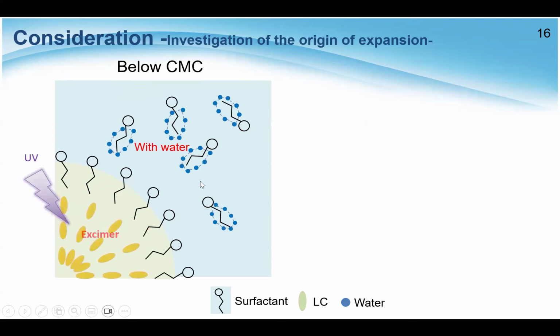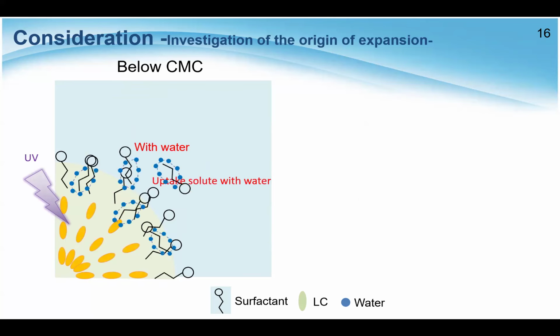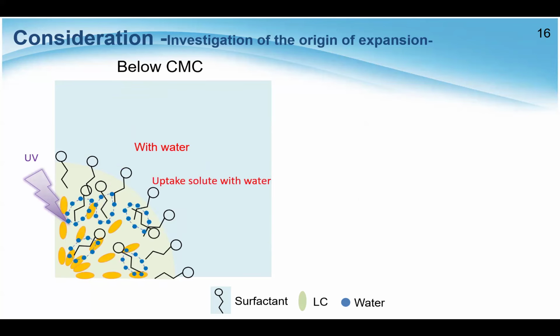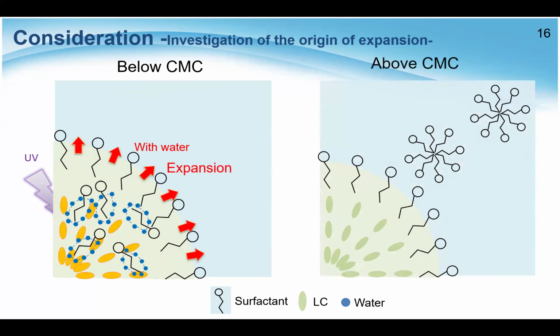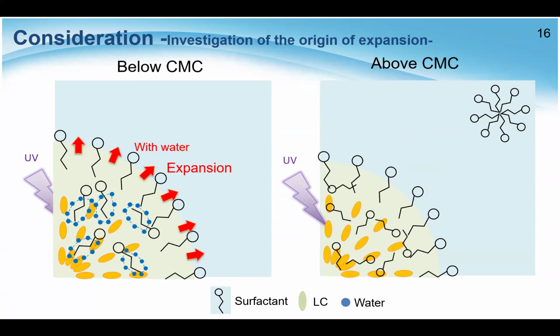So when the excimer is excited and somehow takes the molecules inside, this water comes together inside the droplet. That's why the droplet expanded. But above the CMC concentration, the surfactant molecules are in the micellar condition. So even though they were taken inside, no water is taken in.